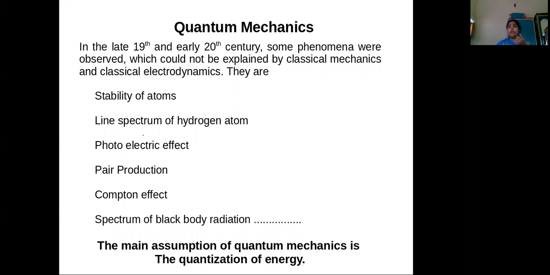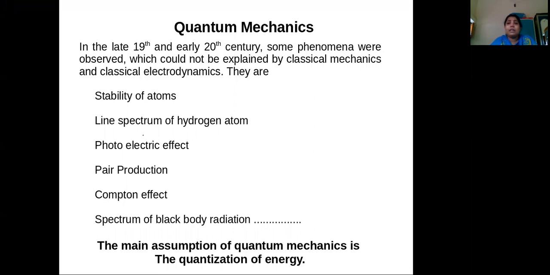For example, the stability of atom or the atomic model, line spectrum of hydrogen atom, photoelectric effect, Compton effect, pair production, all these effects were discovered, but they could not explain the reason behind those phenomena.